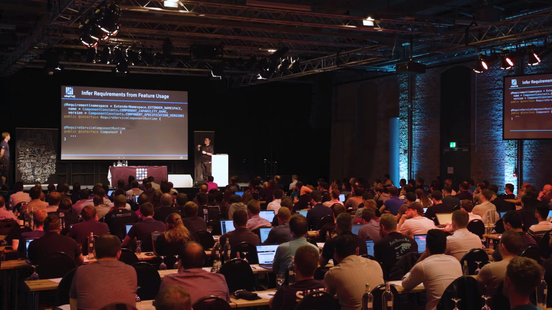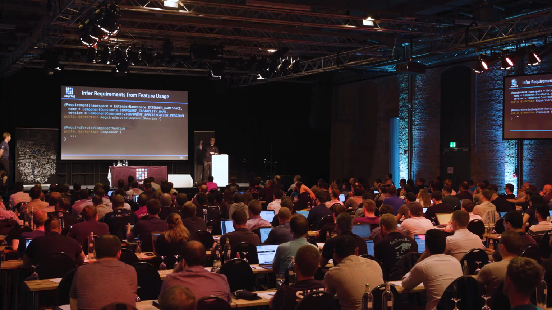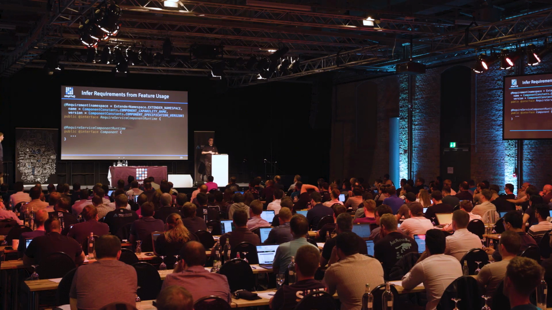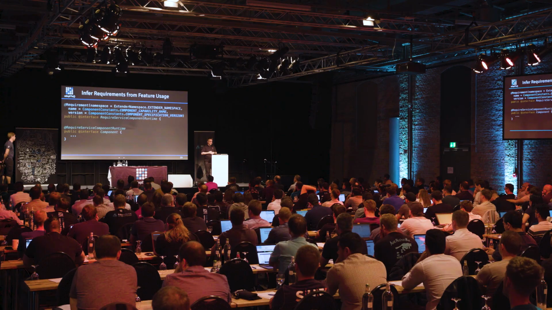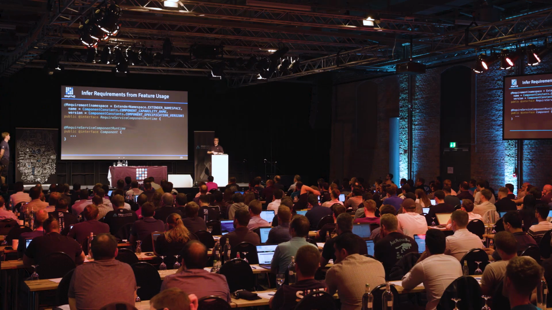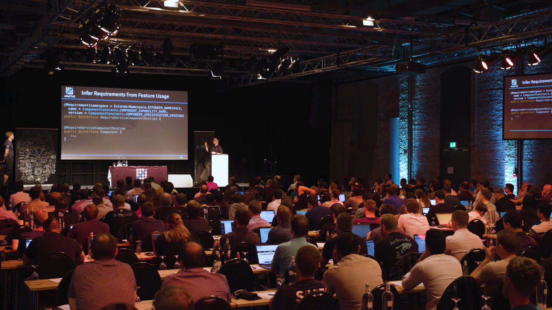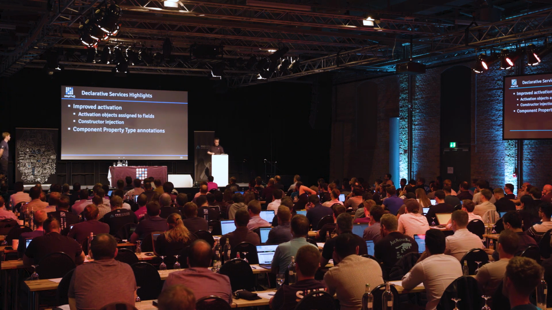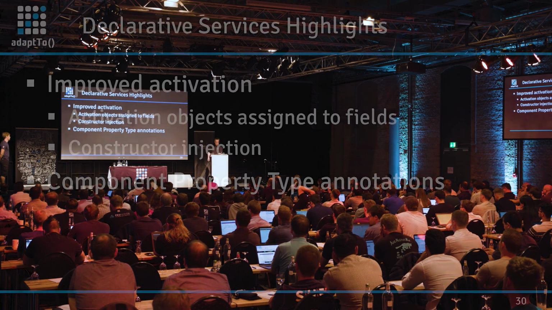And then the component annotation, which is the annotation that you use to code your components and services, has this above require service component runtime annotation. And magically, by using B&D tooling, this adds then the requirement eventually to your manifest. So you don't have to care about these things. And we did this for quite a lot of different specifications, so not only DS, but others as well. I get to that in a second.